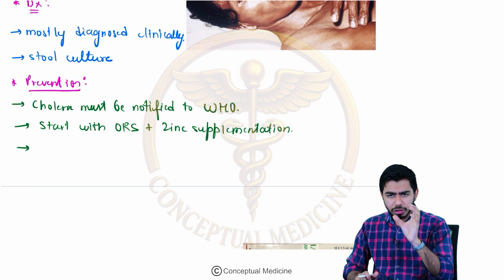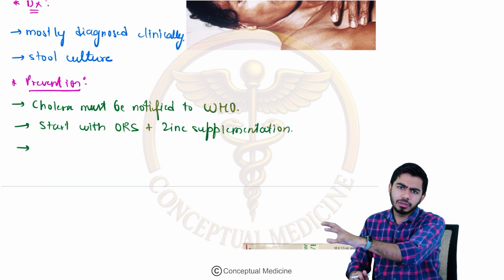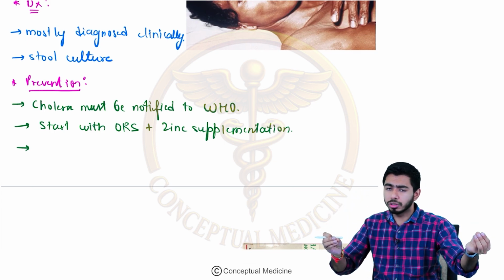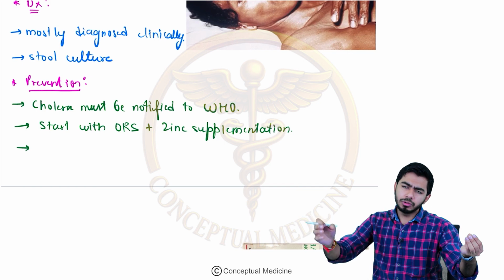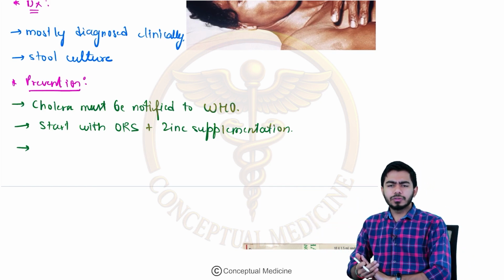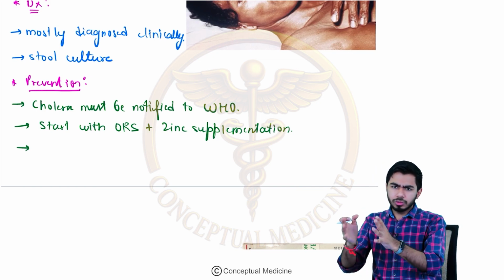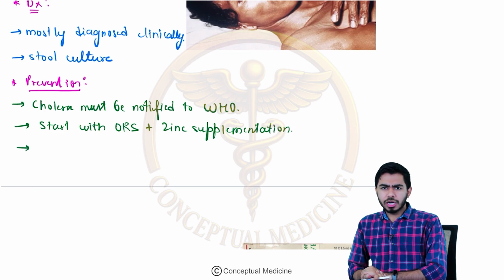We will not start the antibiotic first. First we take care of dehydration, through the oral or IV route, and once the patient has been stabilized as far as rehydration is concerned, after 3 to 4 hours we shall start the antibiotics.